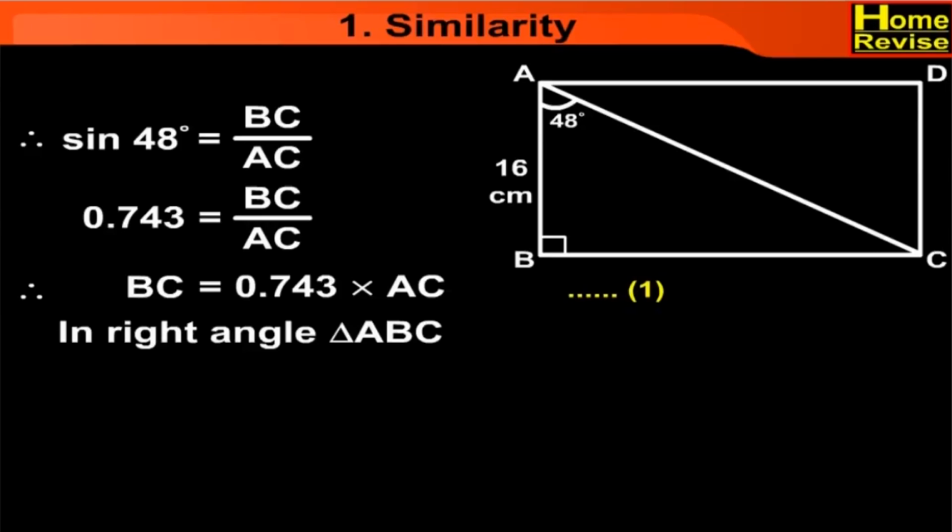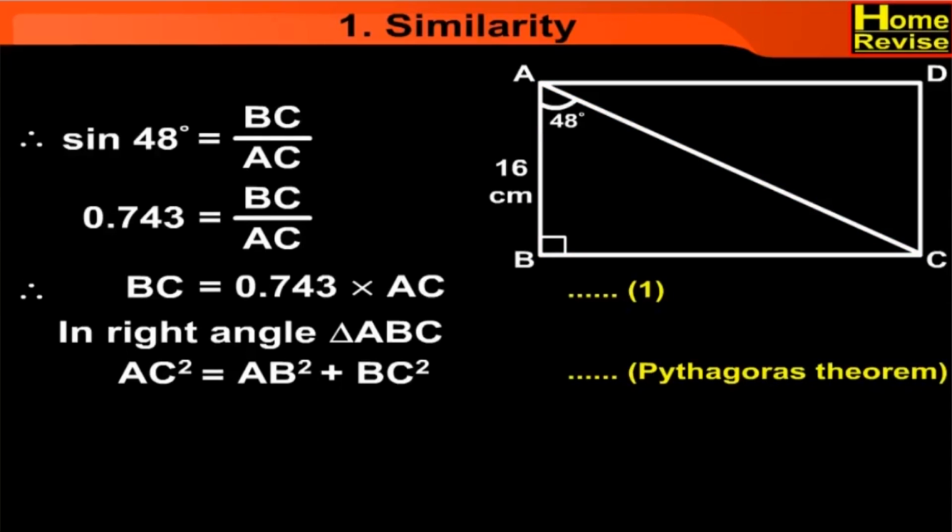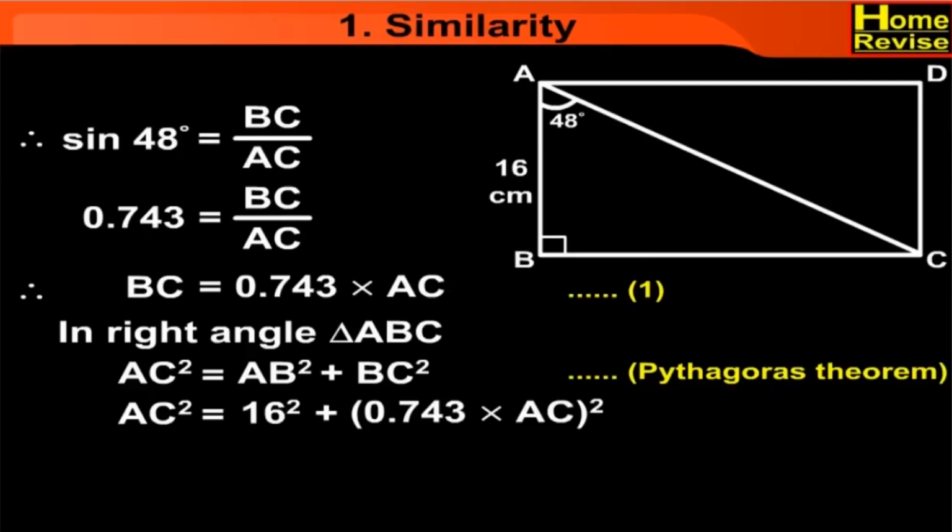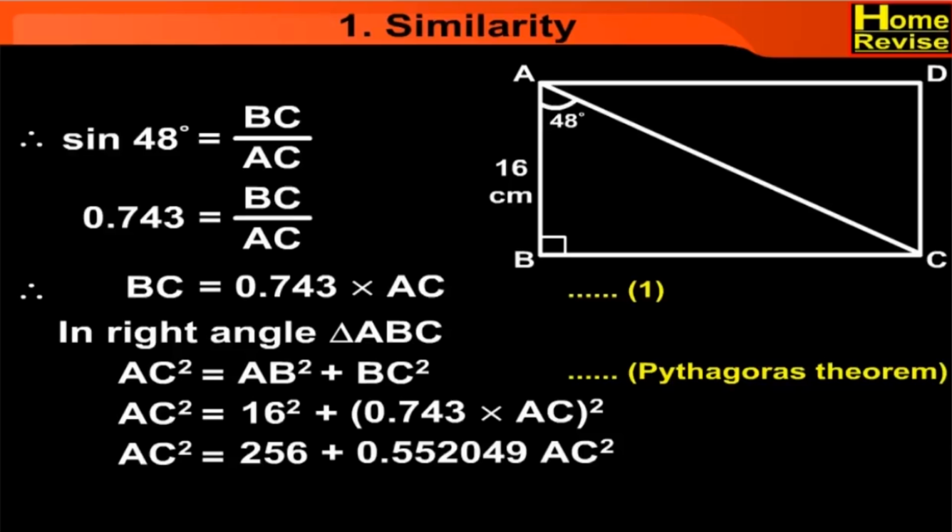Now, in right angled triangle ABC, AC square is equal to AB square plus BC square. Reason: Pythagoras theorem. Substituting the values of AB and BC, we have 16 square plus (0.743 into AC) whole square, which is equal to 256 plus 0.552 AC square.